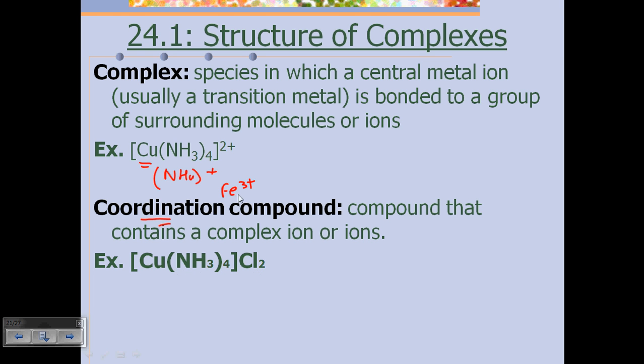It's almost like saying you have Fe3+ here and your compound will be FeCl3. Similarly, you have a complex ion here and you have a complex coordination compound here. Cation or anion can be complexes, or sometimes both are complexes.